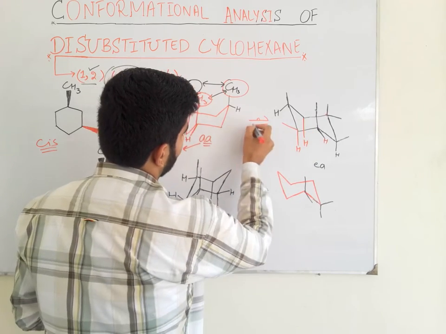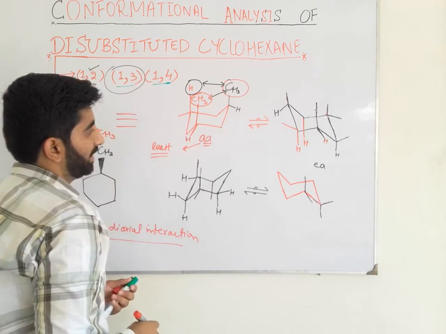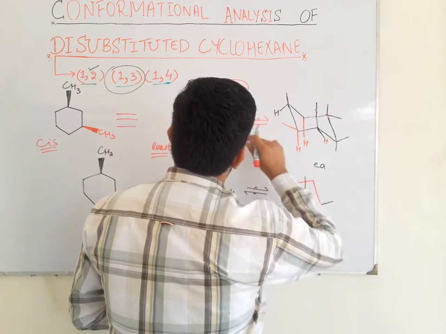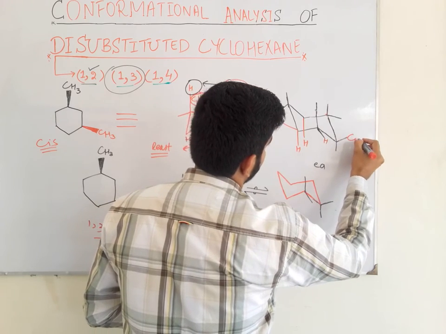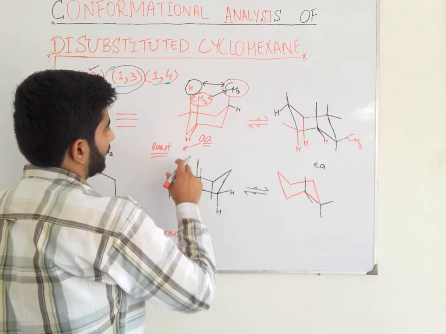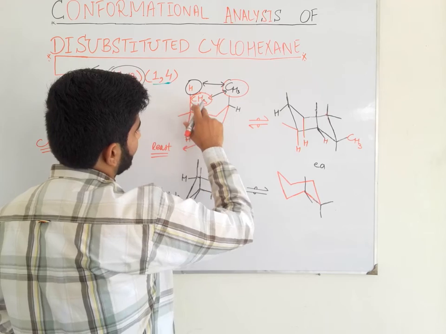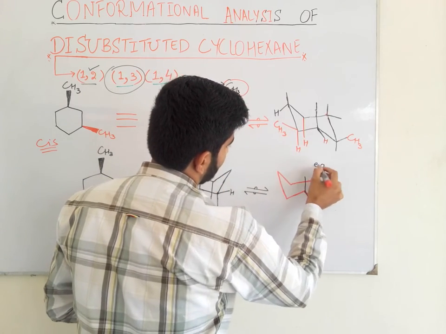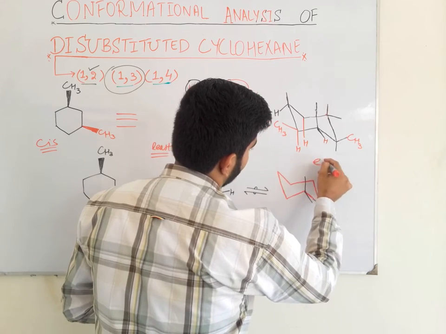So when we flip this molecule and get another conformation, the axial up bond is converted into equatorial up, and at carbon number 3, the axial up is converted into equatorial up. So this is our EE conformation.